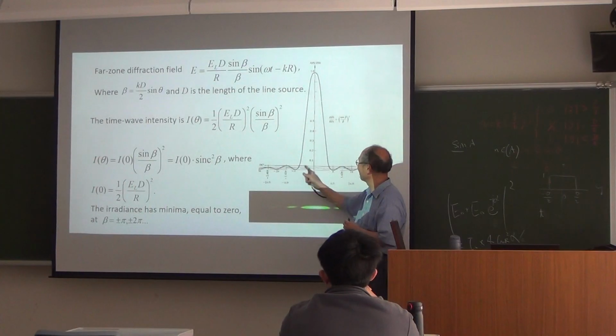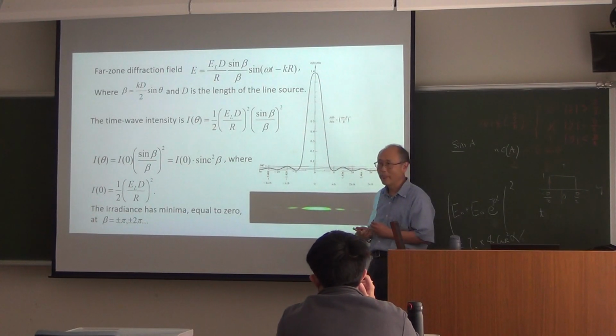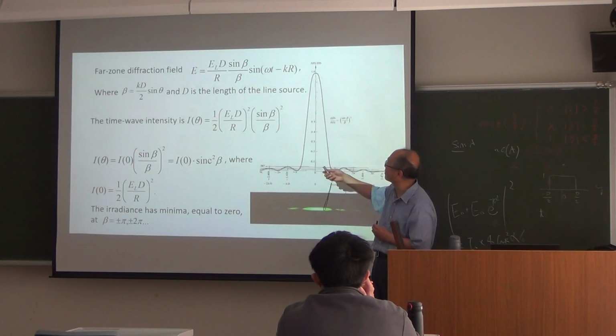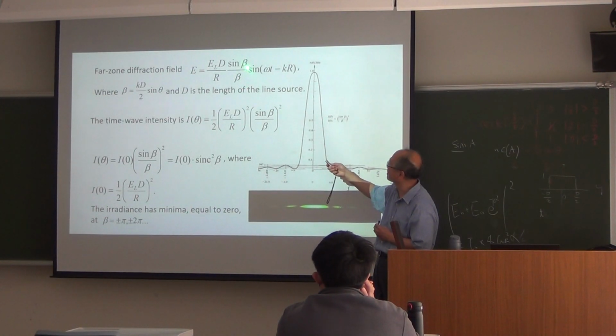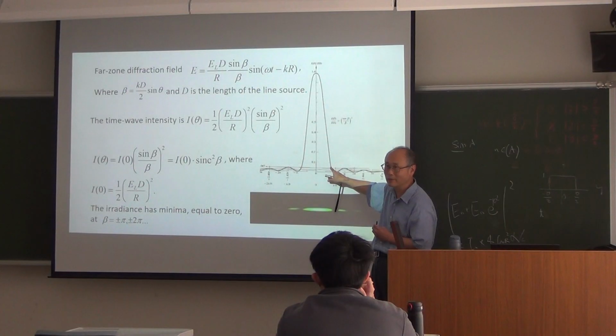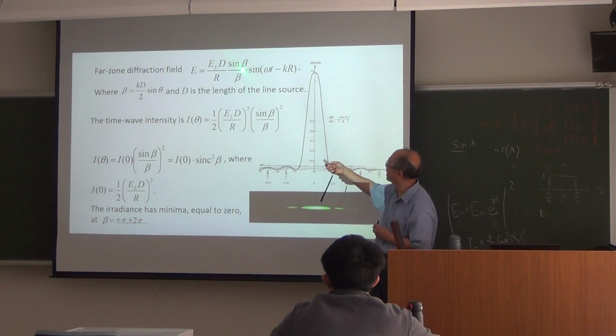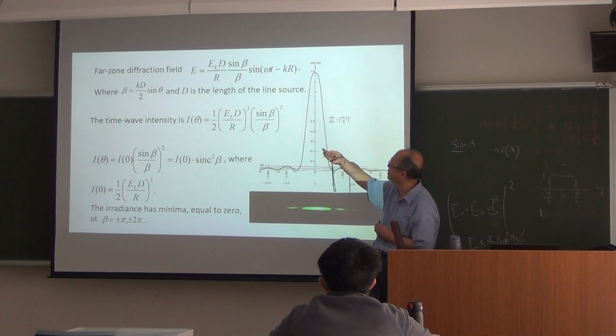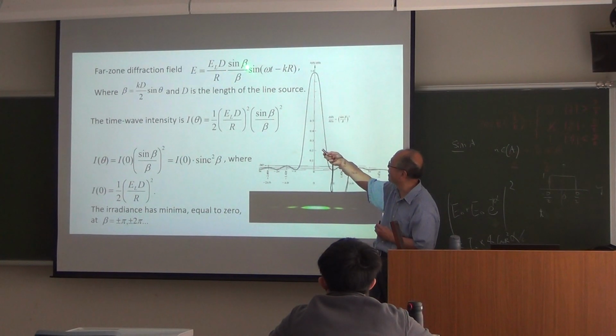So this is the width. This corresponds to a certain value of pi. We go to this point because sine beta pi equals 0.